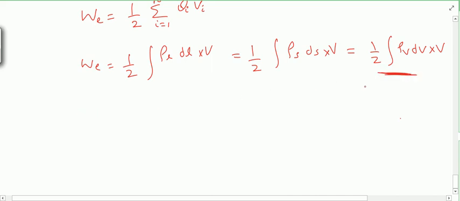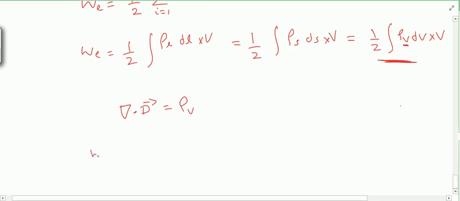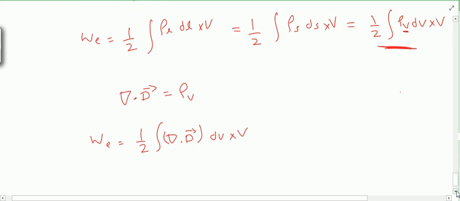So now if you see this expression for volume charge, here this is rho v dv, and if you remember the first equation of Maxwell, that was del dot D equals rho v. So I can replace this rho v by this, so W, that is energy stored, becomes half of the volume integral of del dot D multiplied with the potential.